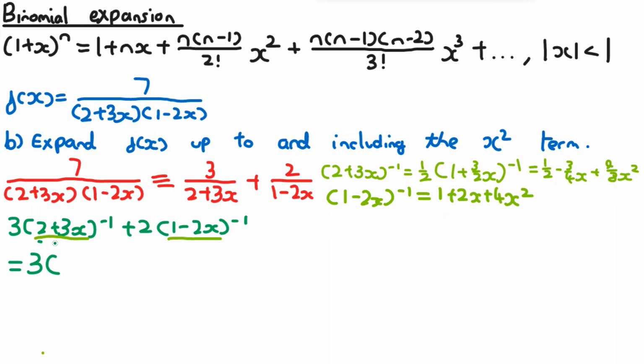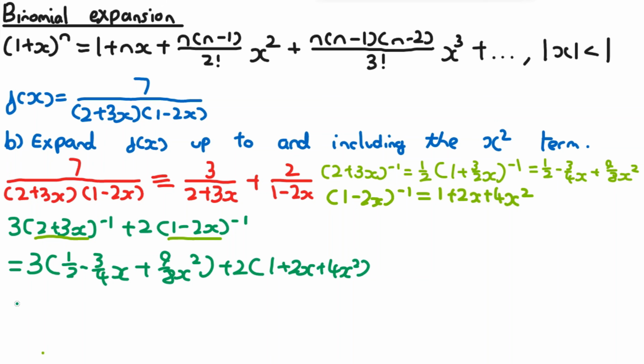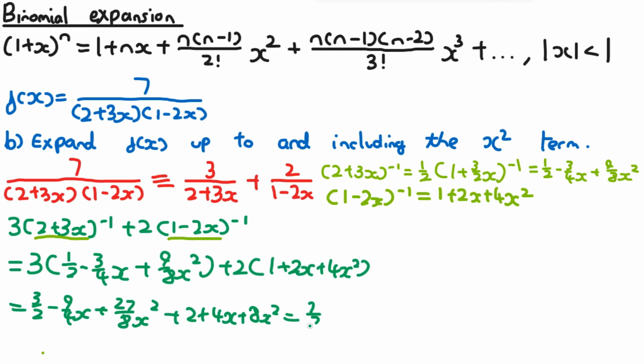It's going to be equal to 3 times (1/2 minus 3/4 x plus 9/8 x squared) plus 2 times (1 plus 2x plus 4x squared), and this is going to be equal to, and then we expand this to become 3/2 minus 9/4 x plus 27/8 x squared, plus 2 plus 4x plus 8x squared, and this is all going to be equal to, if you figure it out, 7/2 plus 7/4 x plus 91/8 x squared.